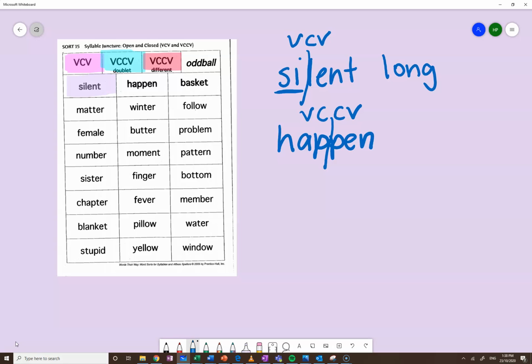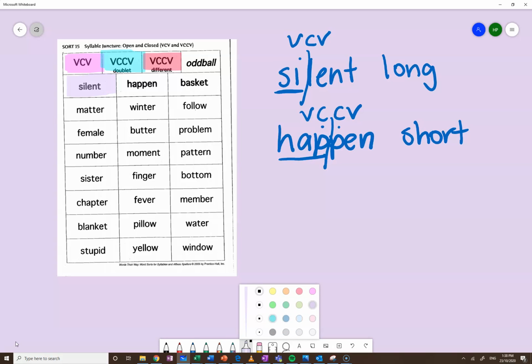Now I'm going to look at my first syllable sound, hap. That's a short vowel sound. And then with my CC, are they the same letter? Yes, I have P and P side by side. So that is now going to be VCCV doublet because I've got the two P's side by side.